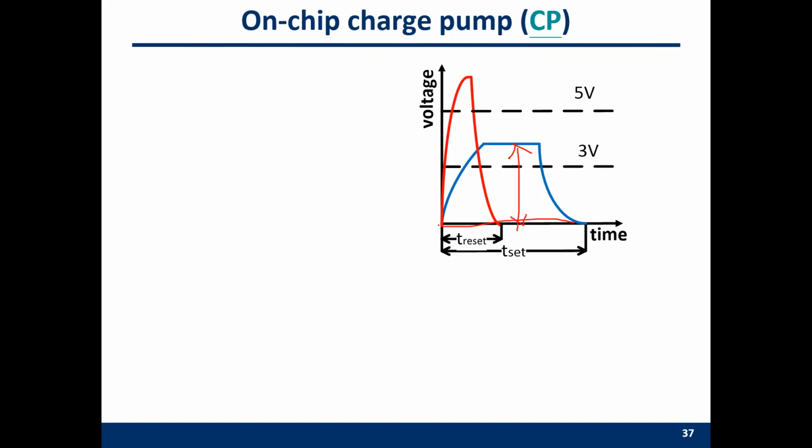The reset operation uses a short duration but a large amplitude current. However, both of them actually require higher voltage than VDD. Now the VDD is 0.9 volt or 1 volt.